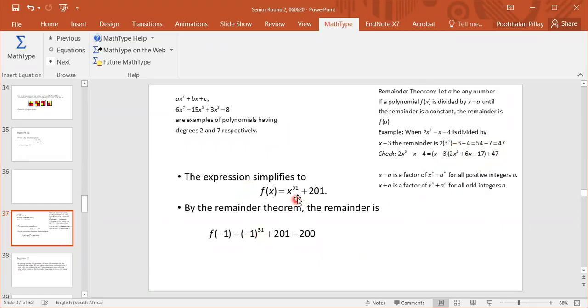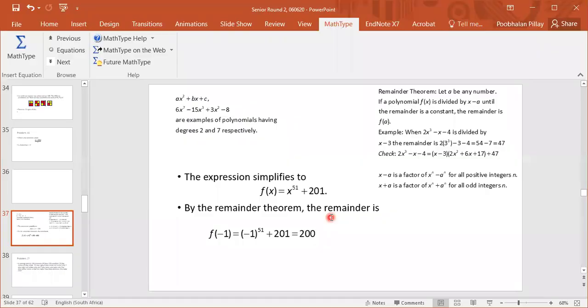So bearing that in mind, you got x to the power of 51. You're dividing this by x plus 1. Then a is -1. You have to put -1 into this. And -1 to the power of 51 is very easy to calculate. It is -1. -1 raised to any odd power is itself.